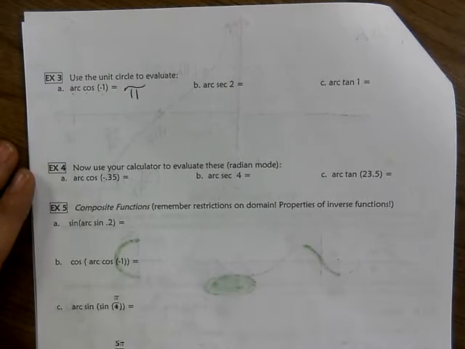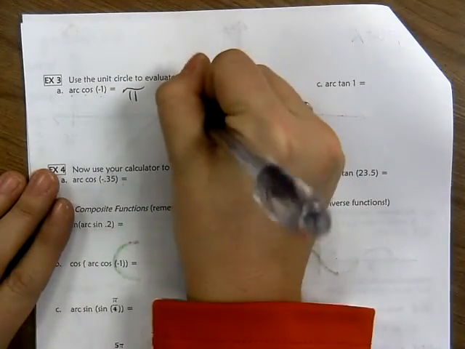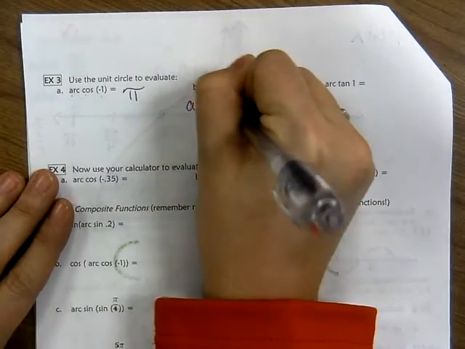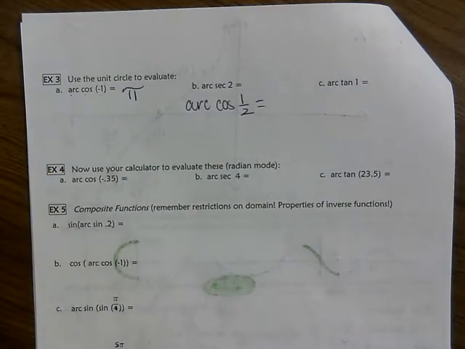Now for B, arc secant of 2, I don't want to think about secant. It's confusing to me. So instead, I'm going to change this to cosine. I know that I can use the reciprocal function and evaluate it the same way. So where is cosine a half? 60, but we can't use degrees, we have to use radians, so pi over 3.